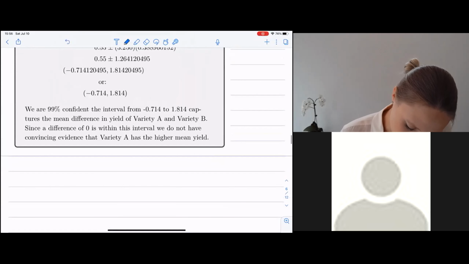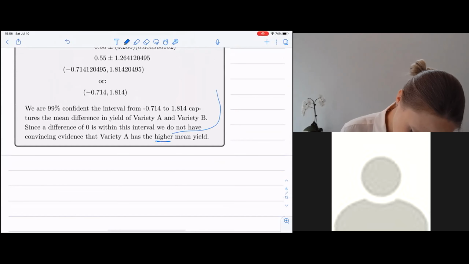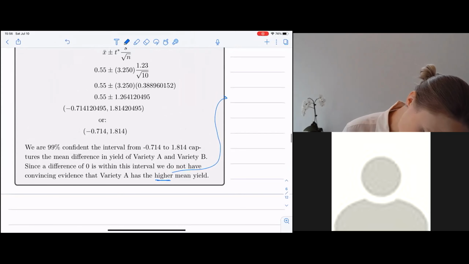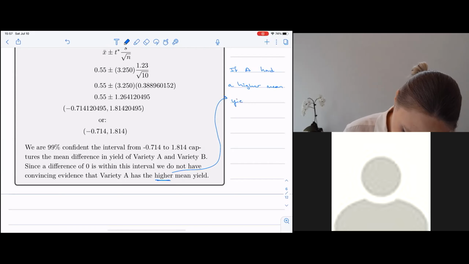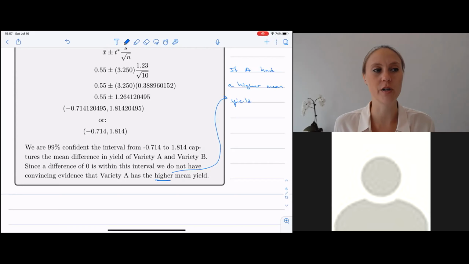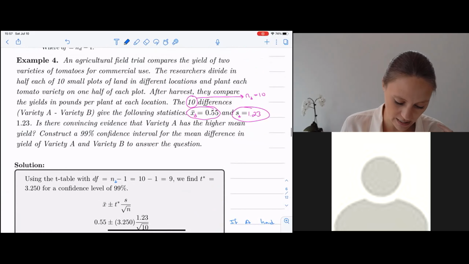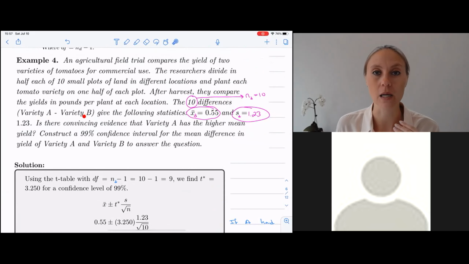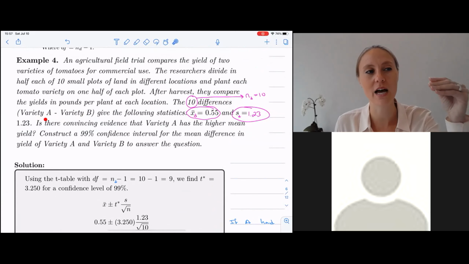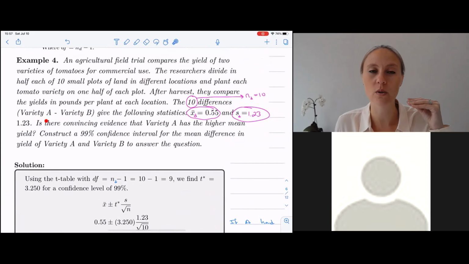If A had a higher mean yield, our interval, because how we calculated the difference was variety A minus variety B, so if A is consistently higher than B, then we would have consistently positive numbers, right?